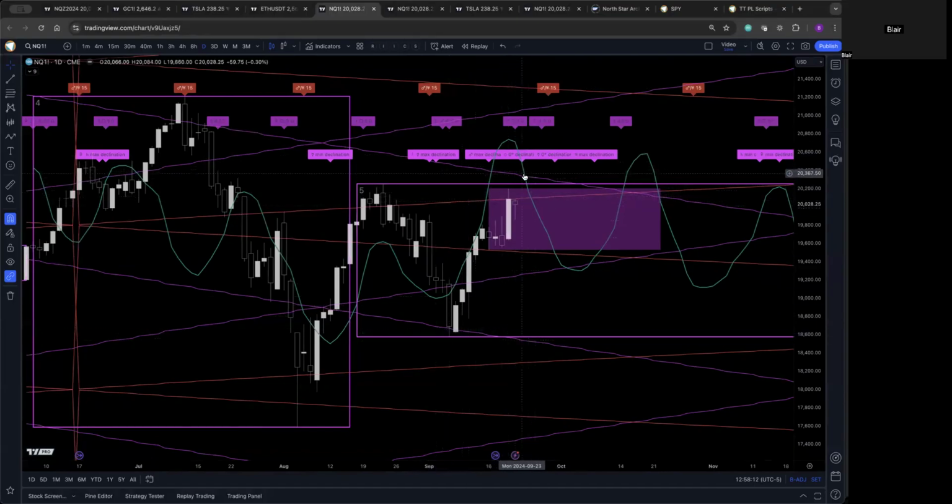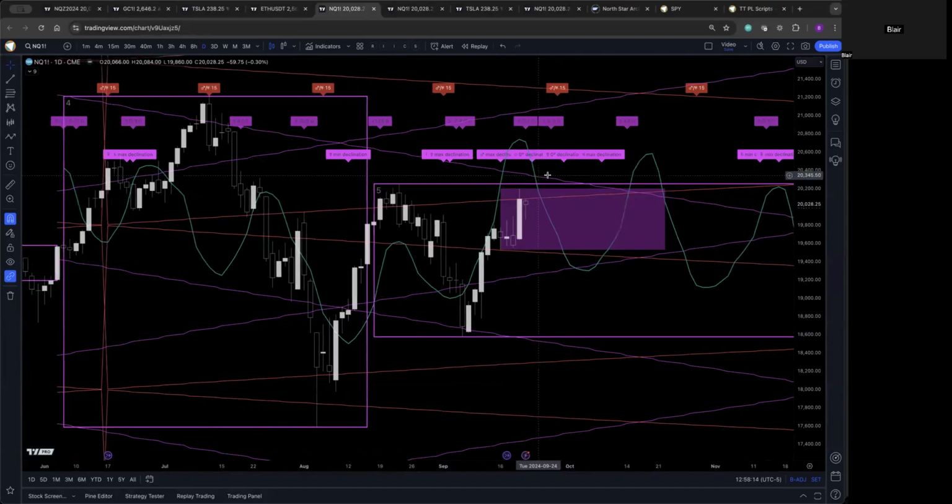If we kept going up into the Venus helioplanetary line here, that would not be a total surprise, because look where we found support. This could be a nice little round trip, Venus helio to Venus helio, and finish that up over here. So let's go take a quick look at time trades machine learning probabilities, and then we'll update the forecast.